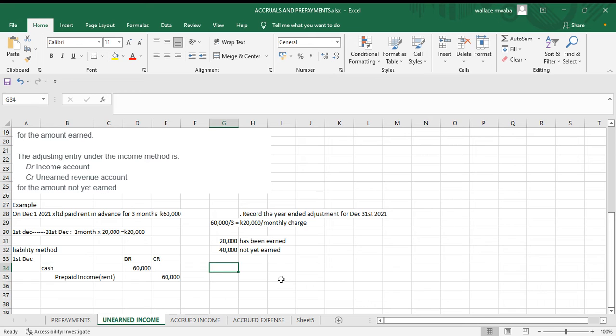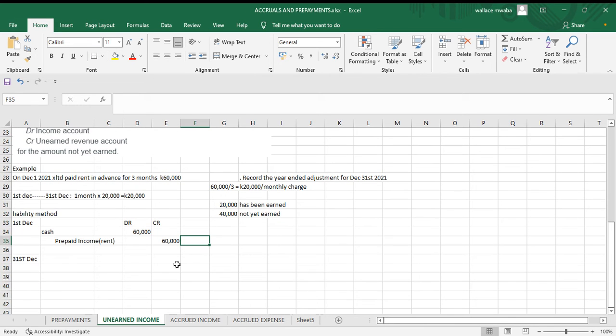Now, on the 31st of December, we are going to credit rent income. This is how much has been earned.